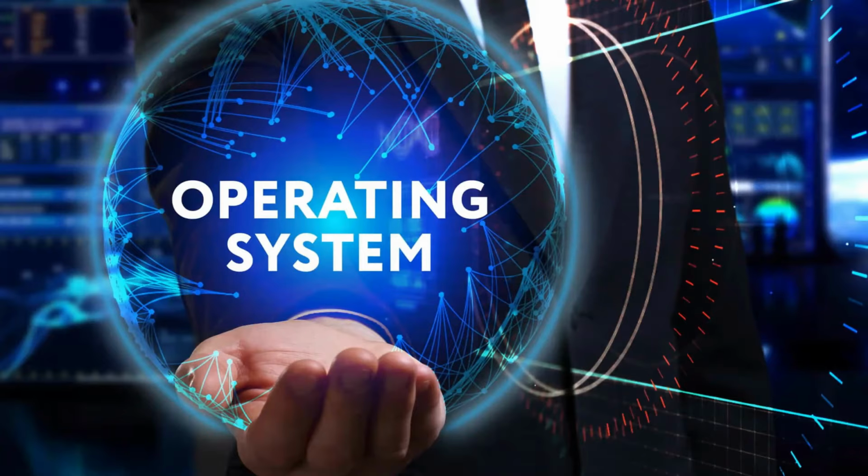This software is what helps the computer, or what translates to people what the computer understands. Like I told you, computer only understands binary language. That's the only thing computer understands, 0 and 1.